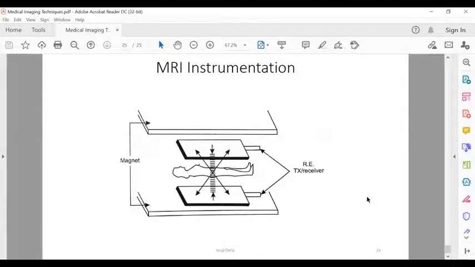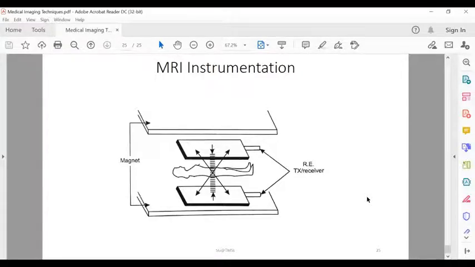Cine MRI gives tomograms of the heartbeats in a different format, and velocity-encoded MRI is used to estimate the pressure gradient across valvular stenosis and the different flows in the heart.